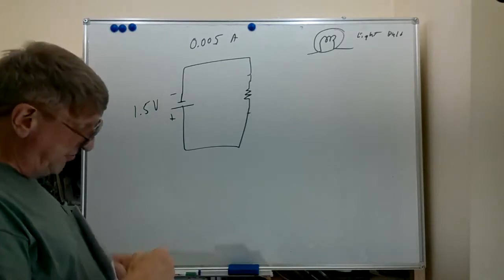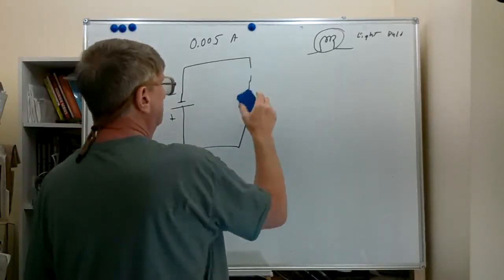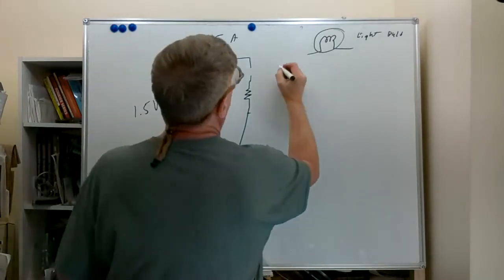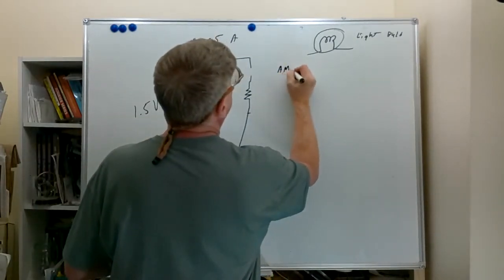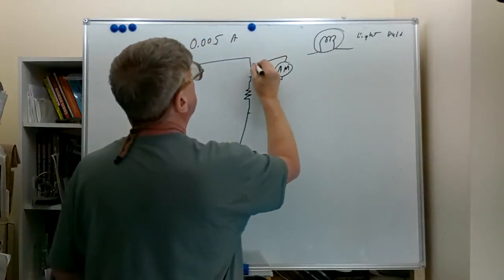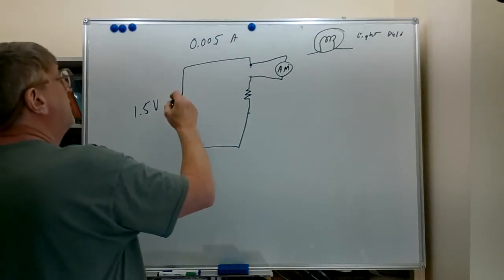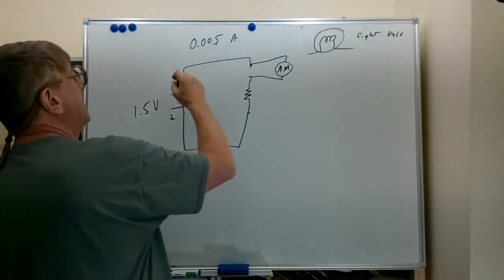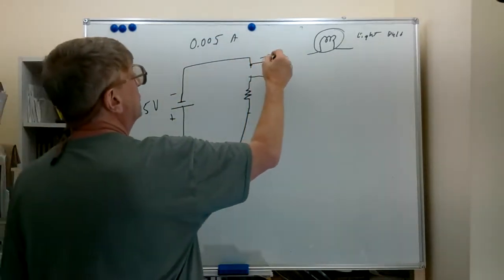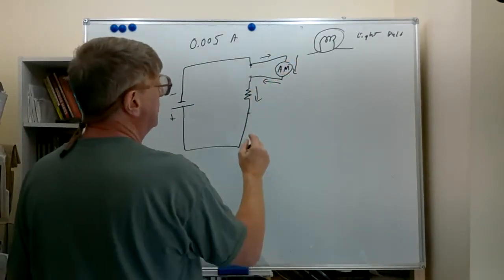Well, to measure amperage, we have to break the circuit. I'm going to say amp meter, and we have to insert the leads of the amp meter into the circuit. So now the current is flowing, electrons are flowing from the battery through the amp meter, back through the resistor.